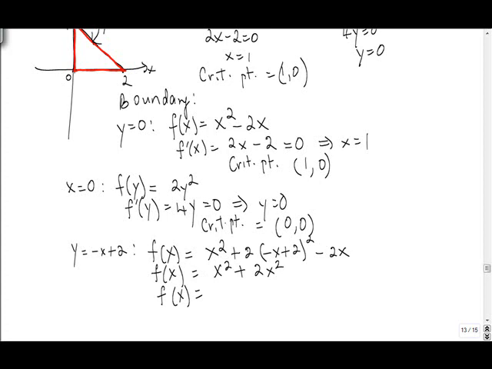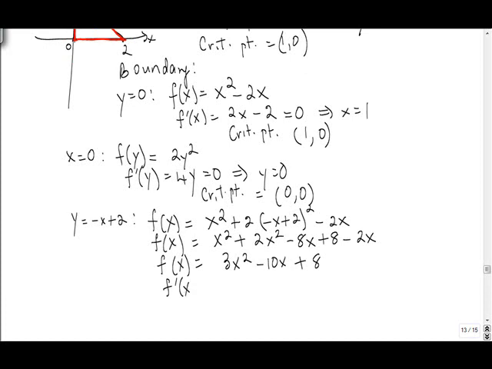Minus 4x times 2, minus 8x. 4 times 2 plus 8, minus 2x. So we have 3x squared minus 10x plus 8. Is that right now? Yeah, that looks good now.